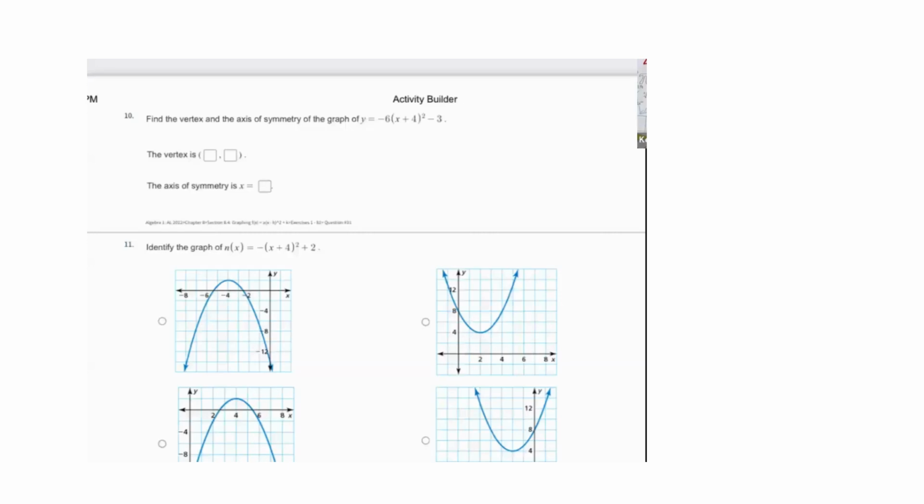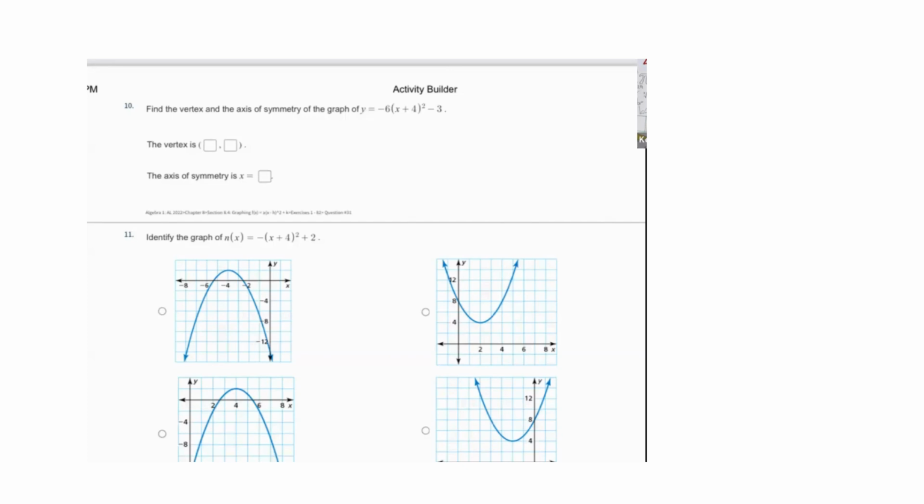All right, now they've given you lots of questions where you just have a horizontal translation or slide. And now we've got horizontal and vertical. So first we have to find the vertex for this one. So y equals -6 times (x plus 4) squared minus 3.